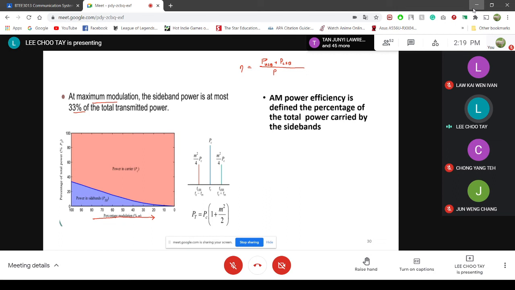Someone check the appendix and let me know because I forgot to refer to my appendix before this. Cosine of omega C plus omega MT.